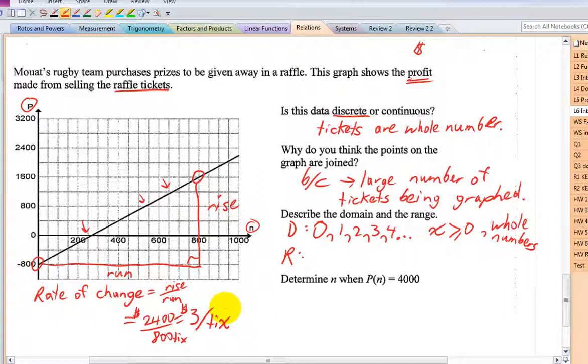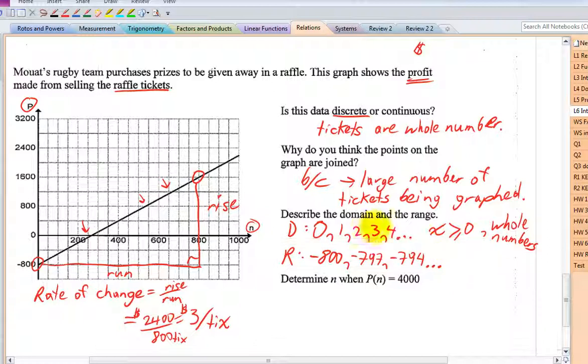So for your range, what would be your starting value, your lowest value? -800. Okay. Then what's the next value? -797. What's the next value? -794. So you're going up by $3 each ticket.